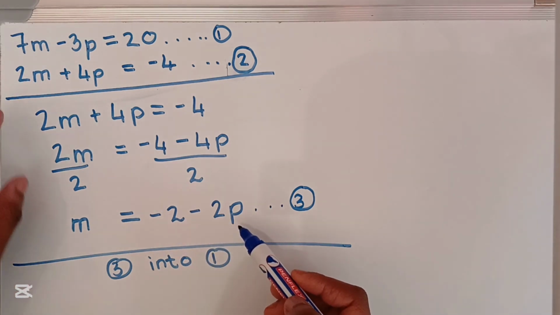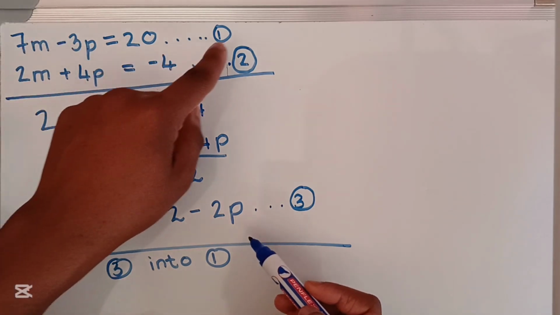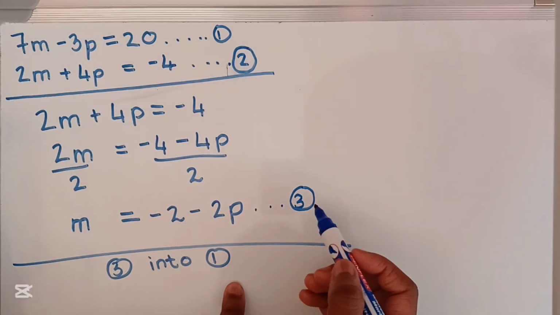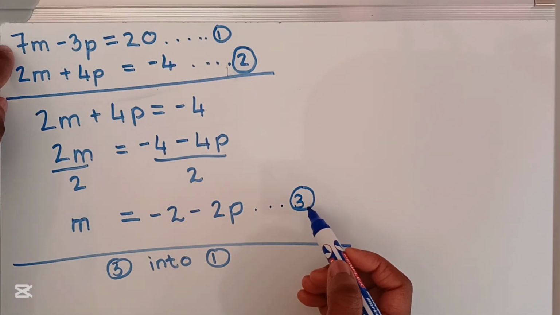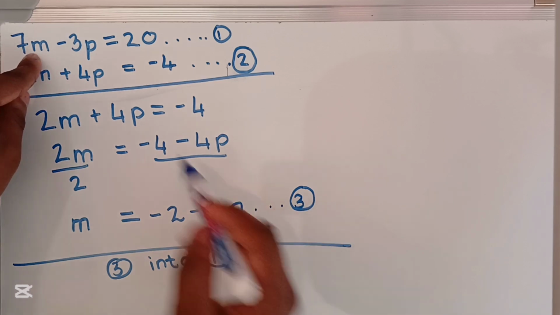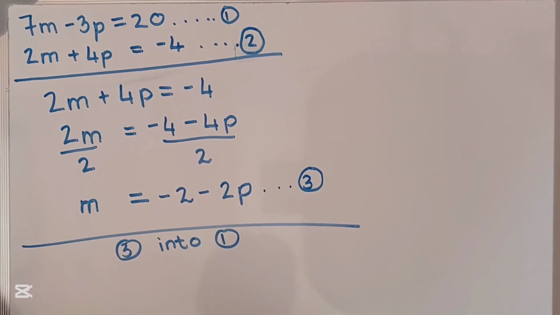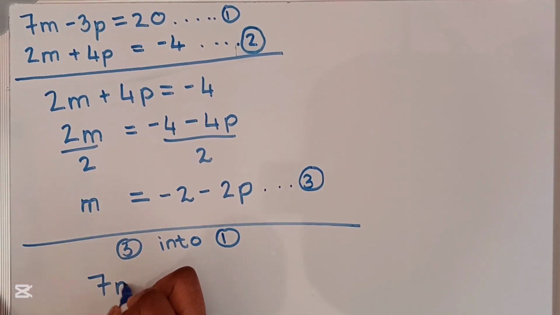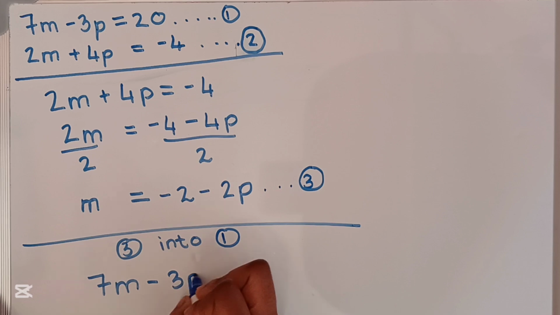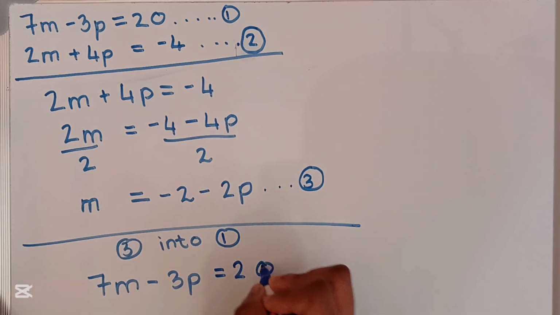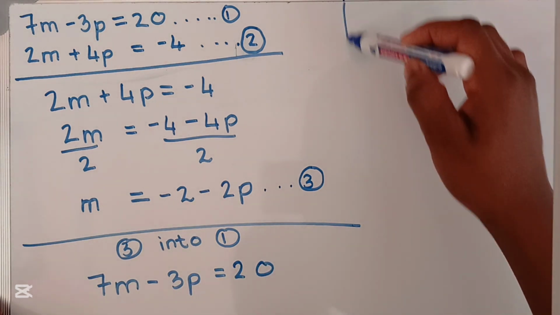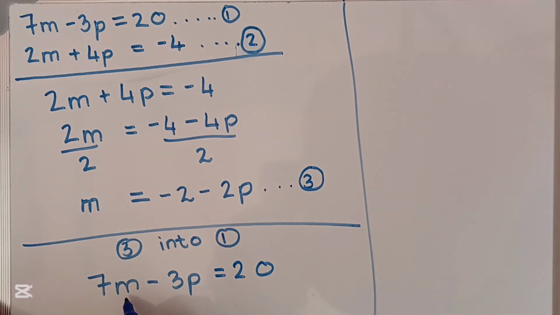Where there's m in this equation, equation 1, equation 3 into 2, where there's m, I put this, okay? So equation 1 as it is 7m minus 3p equals to 20. So where there's m in equation 1, I have to put this.